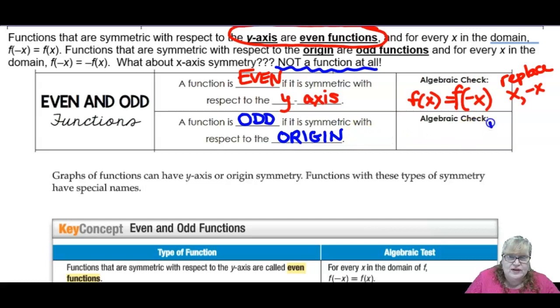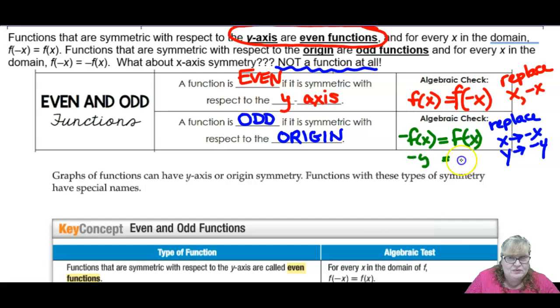So you could trade out x for the opposite of x and y for the opposite of y, and it should be equivalent. Or as they say, the opposite of the original function is the same as when you put in the opposite x value. That's kind of confusing, so I'm going to erase that.